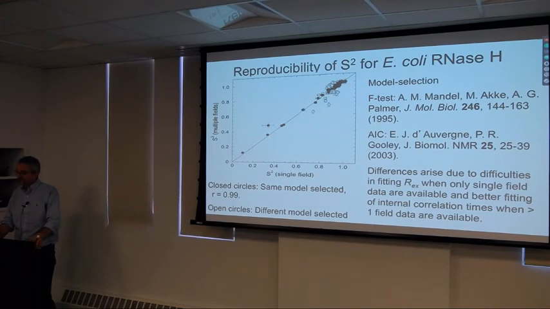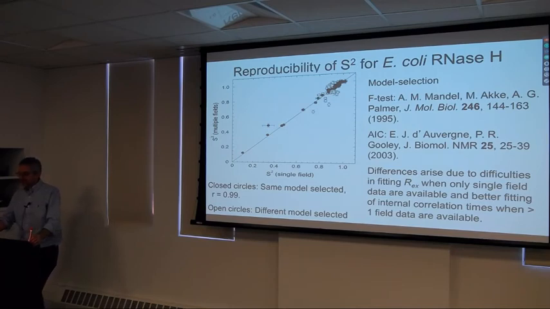There's 2 approaches to model selection. If you've studied any statistics, you know that the world of statistics is divided into 2 camps who hate each other. There's so-called frequentist statistics and Bayesian statistics. So choosing between alternative models in the frequentist approach is called F-testing.